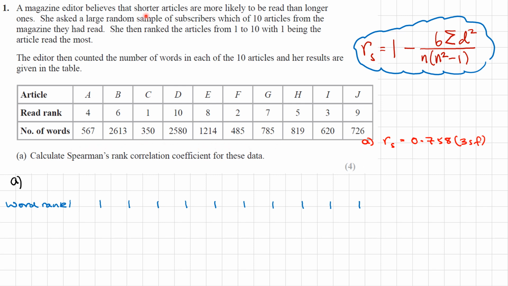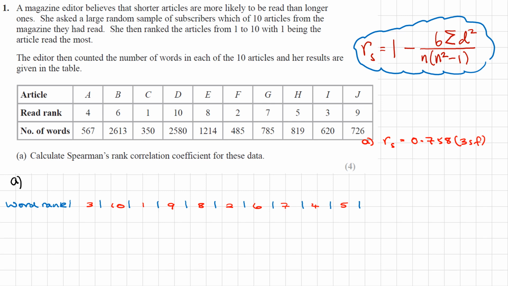Now, because this person believes that shorter articles are likely to be more read than the longer articles, and looking at the information that the articles most read are ranked number 1, then I want to rank my shorter articles 1 to the longest article 10. So here's my word rank part of the table filled in.